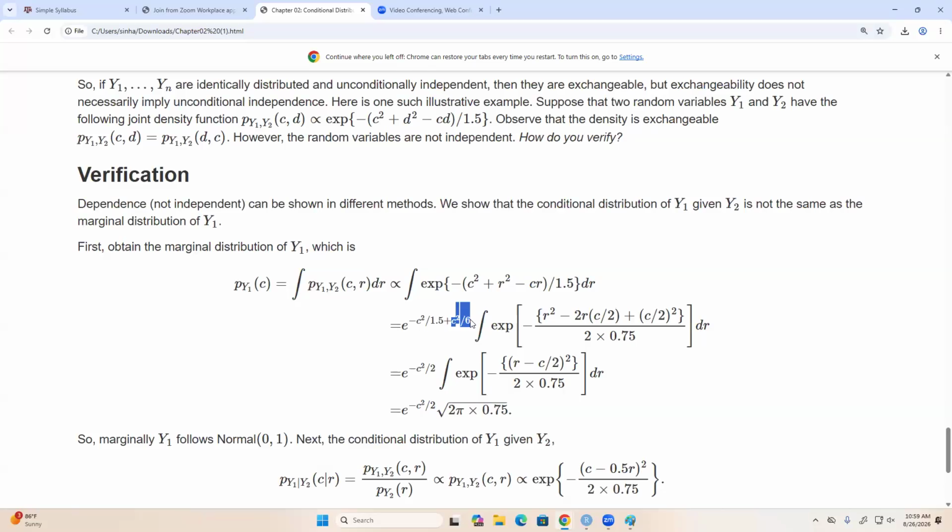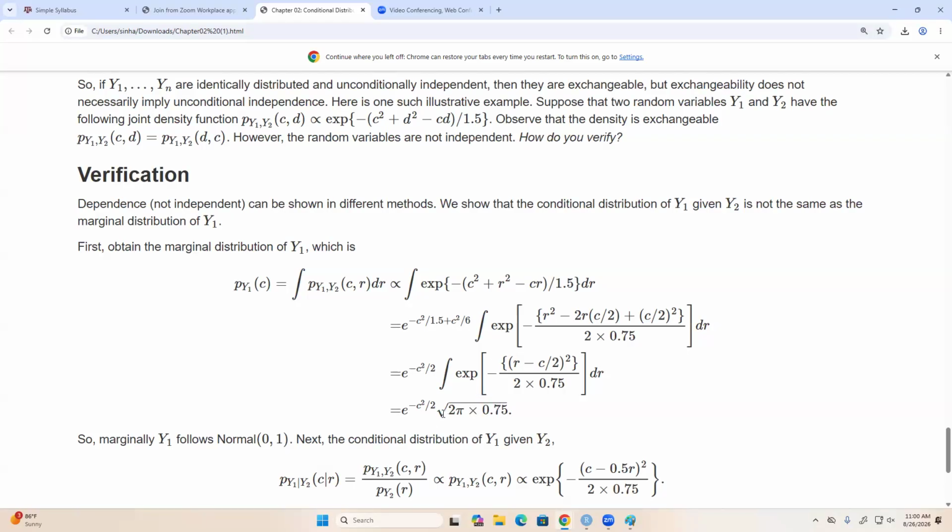This extra term I bring in and also subtract. So now this part becomes (r minus c over 2) squared, and in the denominator you have 2 times 0.75, dr, and this integration is a normal density function integration, and it becomes the square root of 2 pi times 0.75.